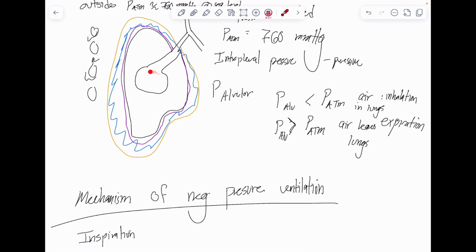We want the lung to stay where it's at, so it'll move out like that. The increase in the thoracic volume will decrease our pressure in the alveoli to drop below atmospheric pressure, and then we'll pull air in.